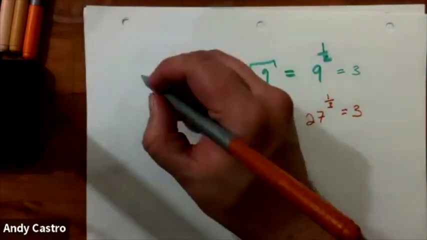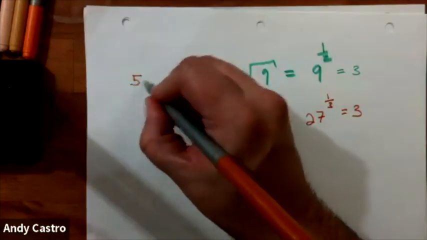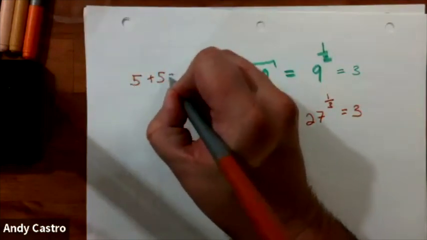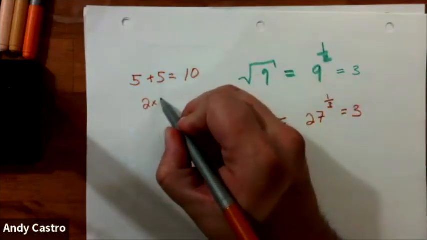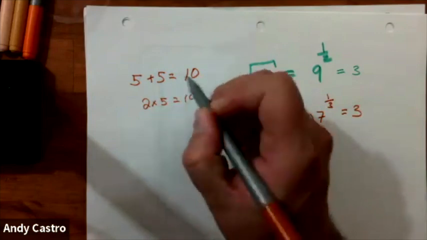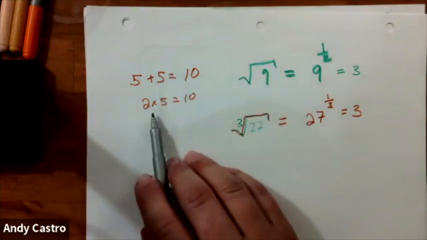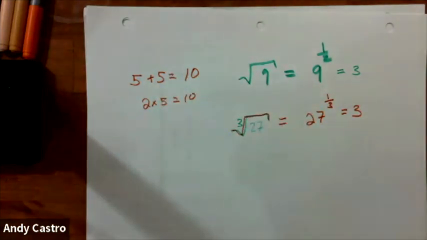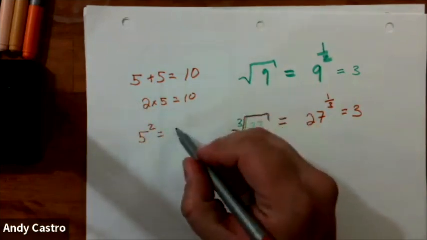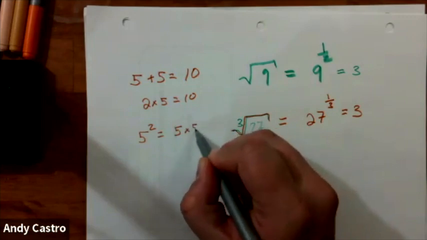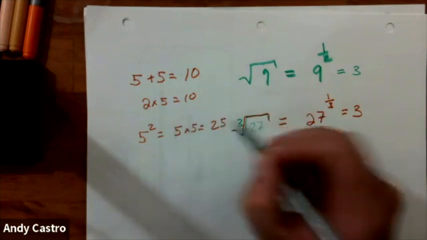So if we think about 5 plus 5, that's equal to 10, or it's equal to 2 times 5, right? We're adding 5 twice, or 2 times 5. If we think about 5 squared, that is 5 times 5, 25.